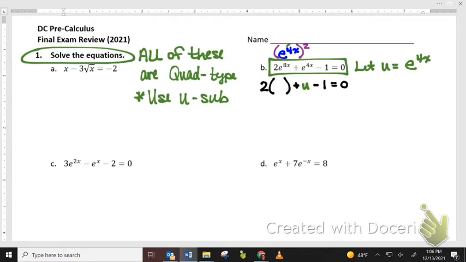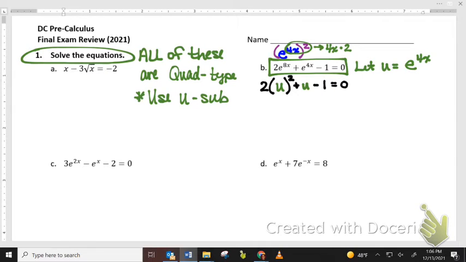Because remember, when you have a power to a power like this, you multiply those together. So I would have u squared right here. You guys okay with that?